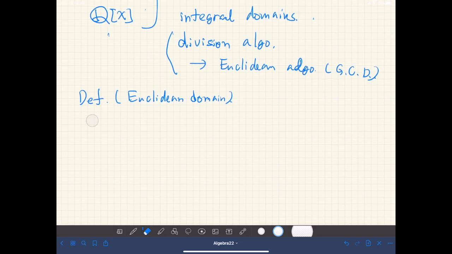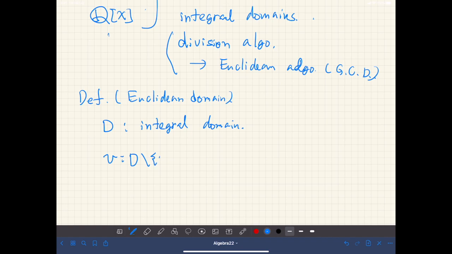First of all, let D be an integral domain, and suppose there exists a mapping V from D except for the zero element to the set of natural numbers including zero.